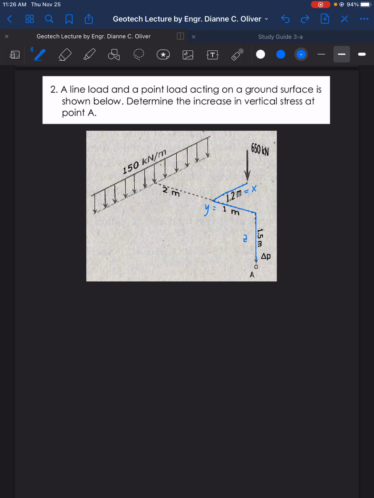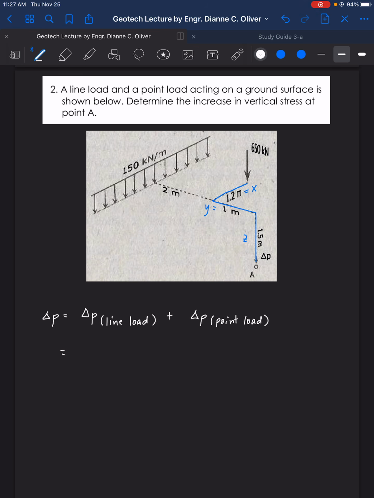So for the line load, okay, I think we got the point now. So delta P is equal to the delta P of the line load plus the delta P of the point load, or the concentrated load.